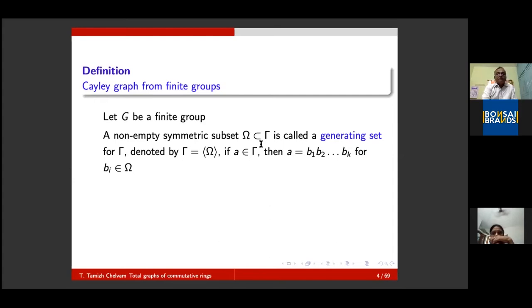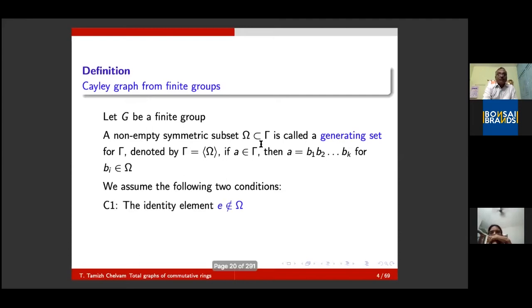And apart from the condition of generating the group, the Cayley graph generating set satisfies the following two conditions. The generating set should not contain the identity element. And whenever an element is there, its inverse should also be there. So you take a finite group, take a generating set, and assume that these two properties are true for the generating set.